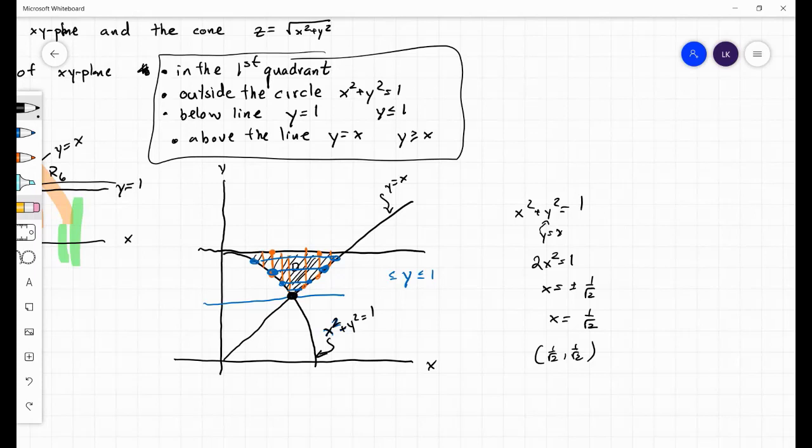So we can say that y is between 1 over root 2 and 1. So y is bounded by 2 horizontal lines. And then x is bounded by 2 functions.